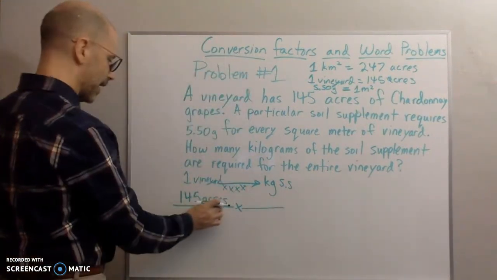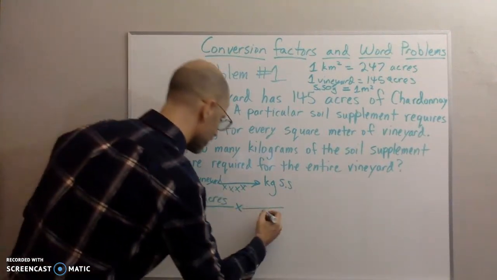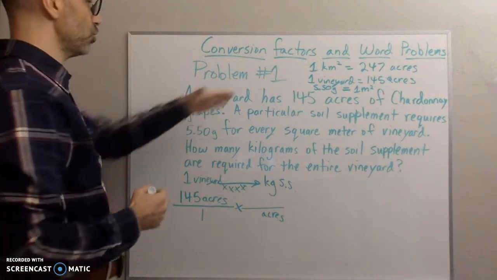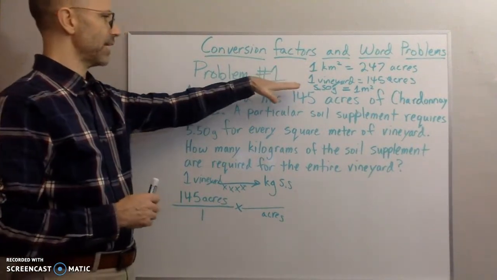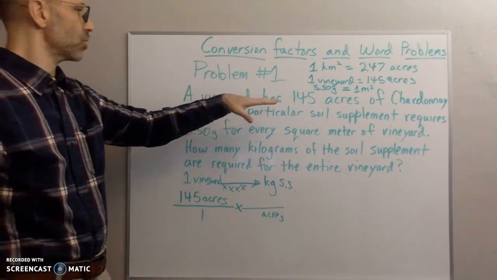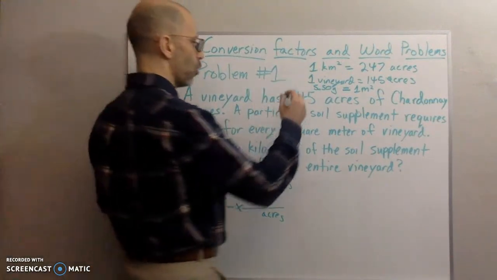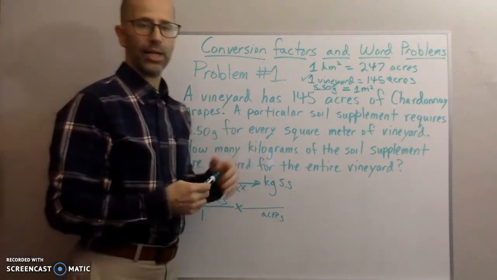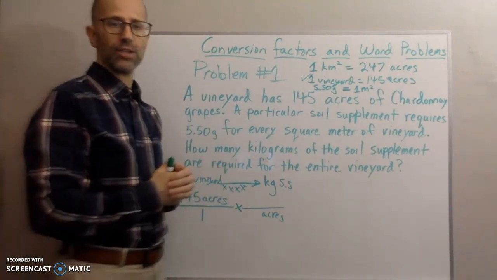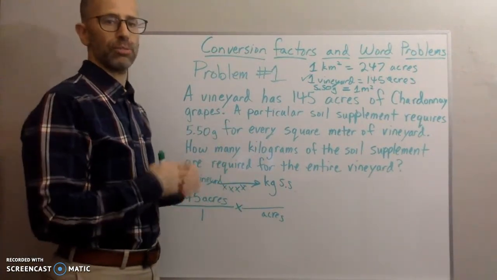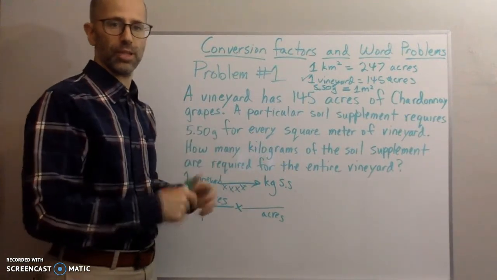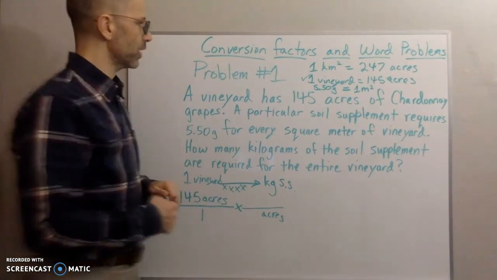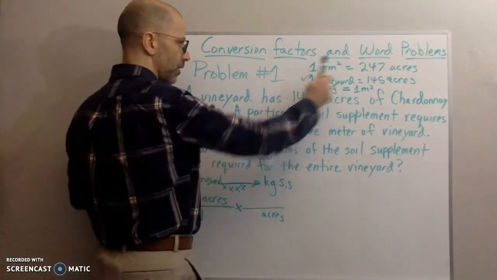I need acres on the bottom because I have acres on top. Now I need to use a relationship that has acres in it. This one I already used, so that's done. You're not going to use a conversion factor more than once. If you use it more than once, you're probably going to be using the reciprocal or the opposite of it.